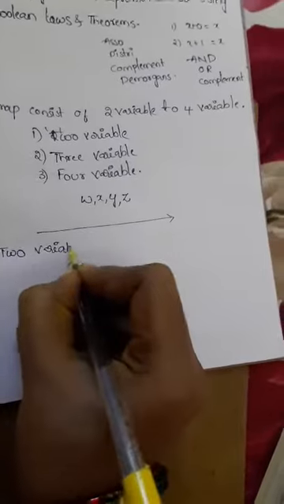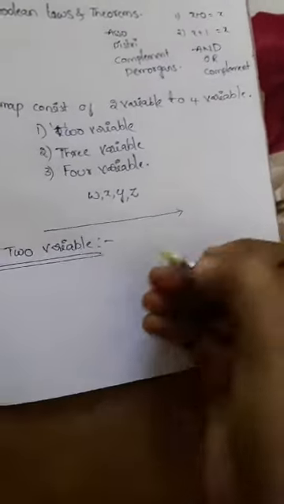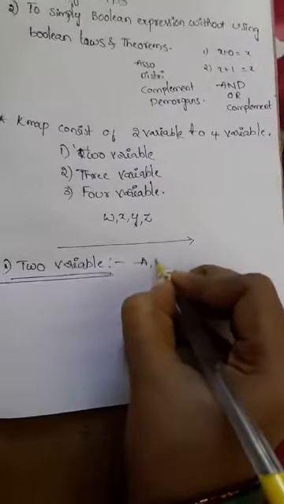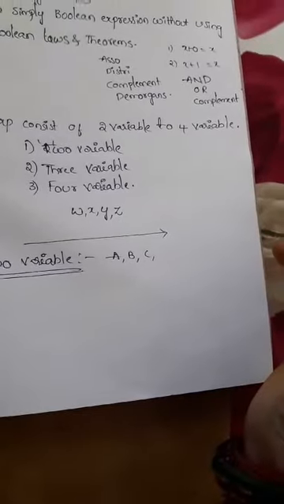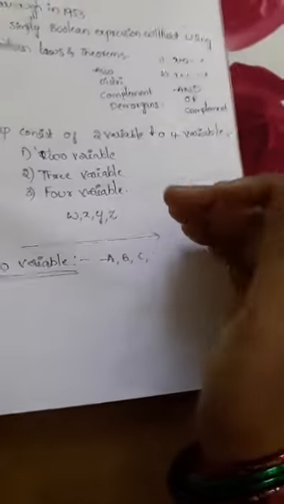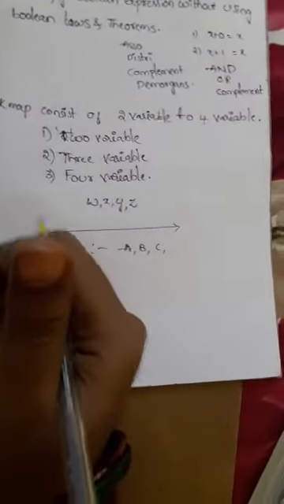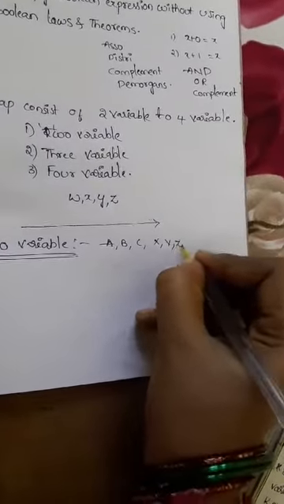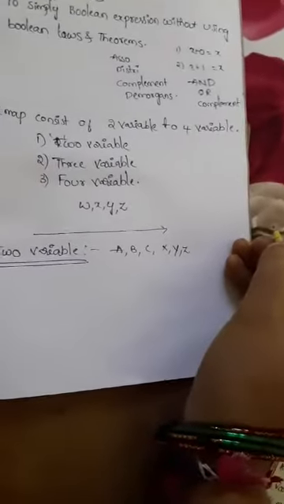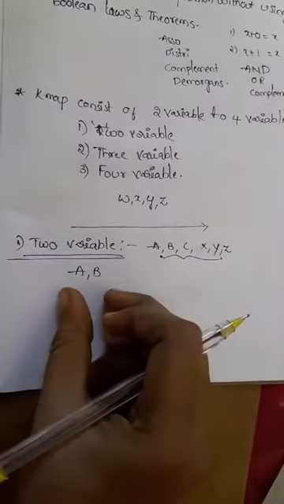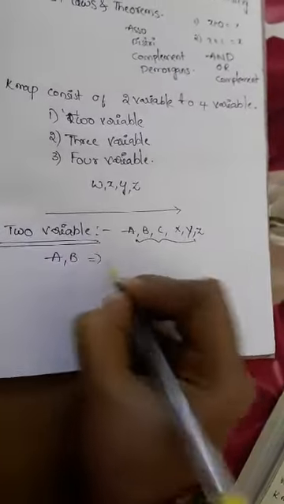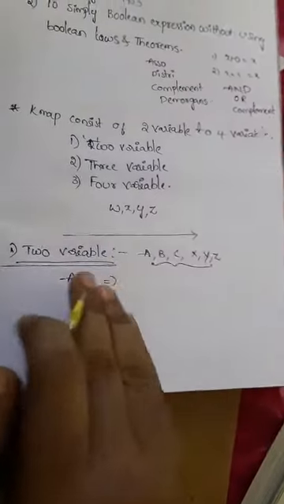Already you know how to represent a variable: a variable consists of alphabet letters and symbols, such as a, b, c, x, y, z, and some more symbols can be used also. So we will take 2 variables, for example a, b.